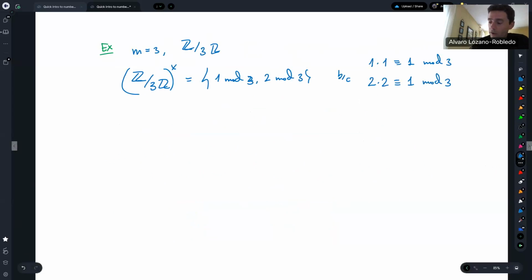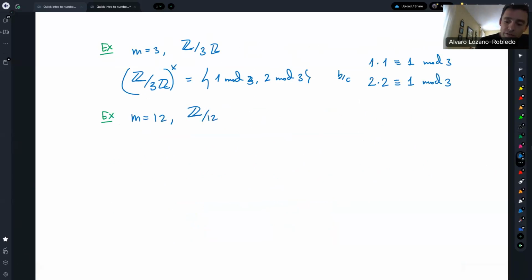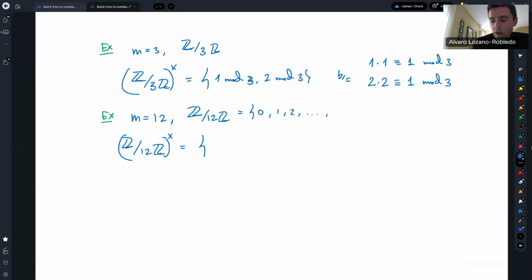However, if you go to other moduli, for example, if m is 12 and we look at Z mod 12Z, then the congruence classes that have inverses are, remember, this is the class of 0, 1, 2, up to 11, modulo 12. The ones that have inverses are those that are relatively prime to 12.